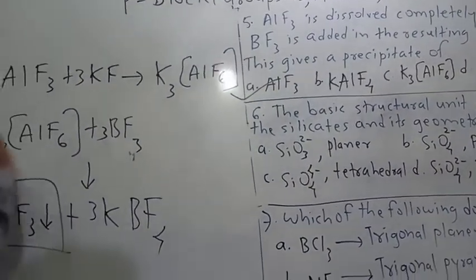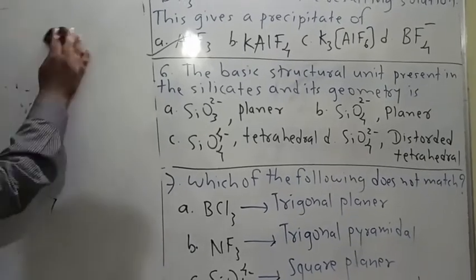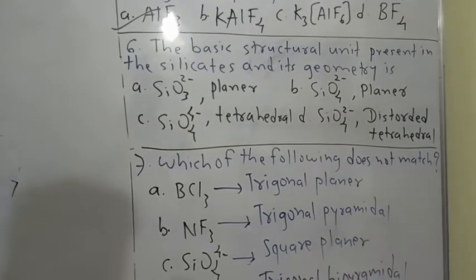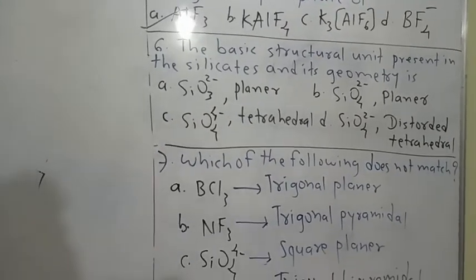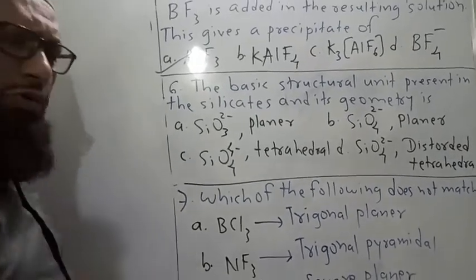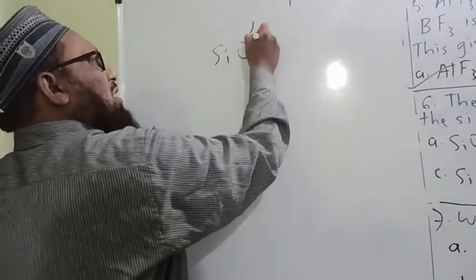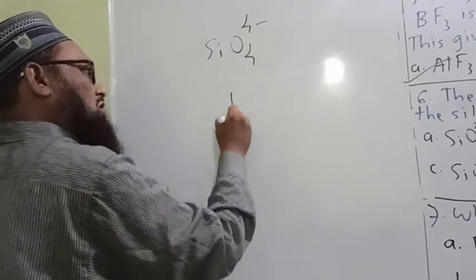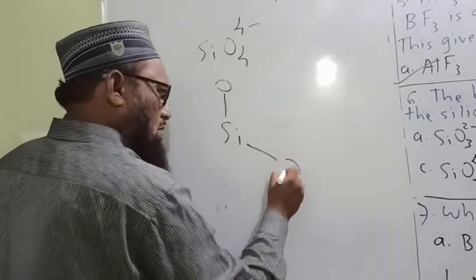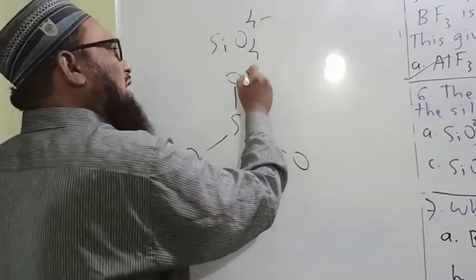Then let us see the next question. Number 6. The basic structural unit present in the silicates and its geometry is. Now remember, dear students, the basic structural unit present in all silicates is the SiO4 4-minus unit. This is the structure, having regular geometry.